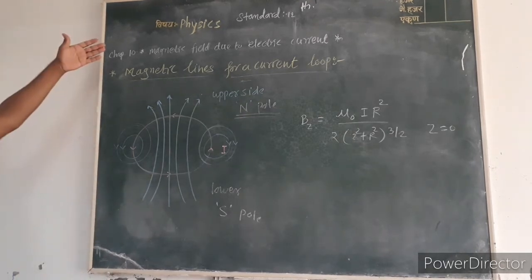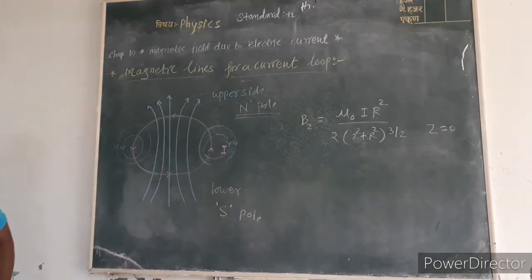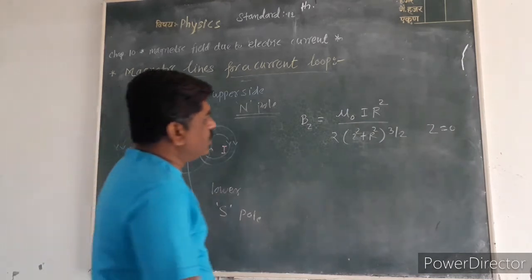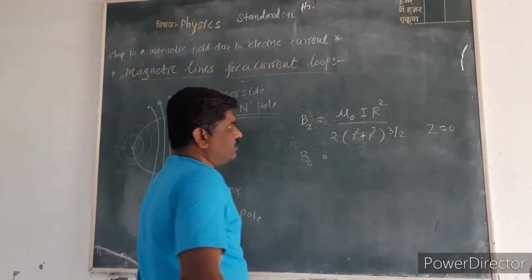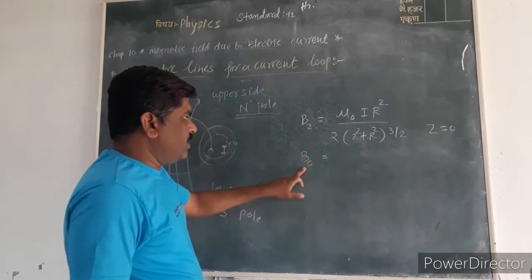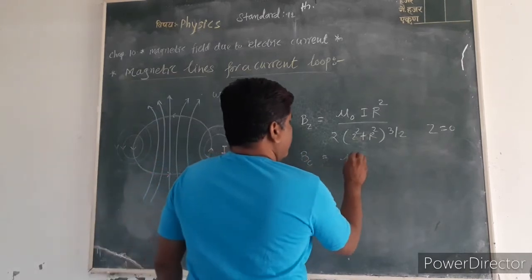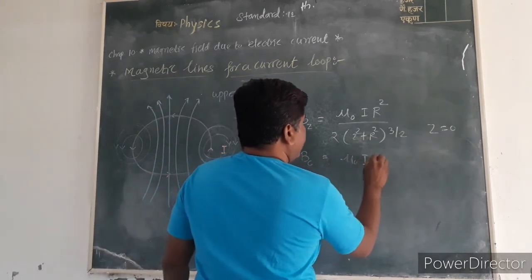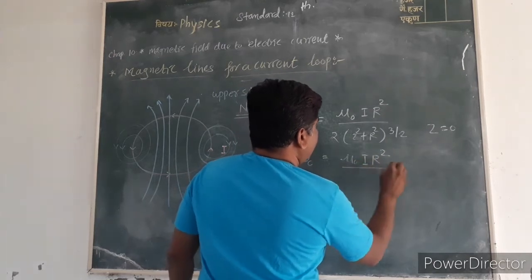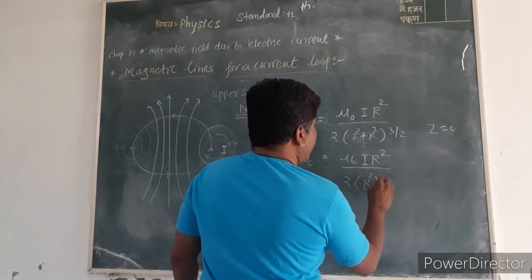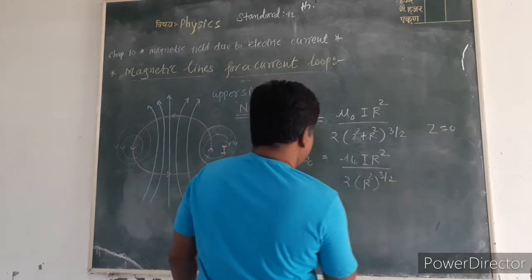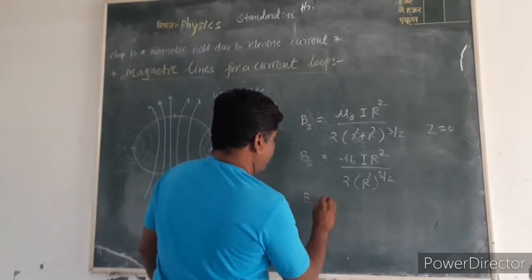If the point P is at the center, that is z is equal to 0, then we get B0 is equal to mu 0 I r square divided by 2 r square raised to 3 by 2.